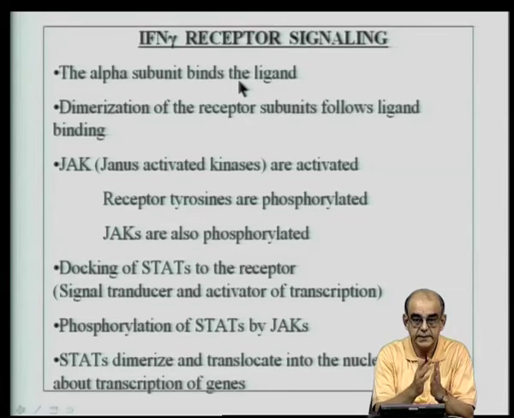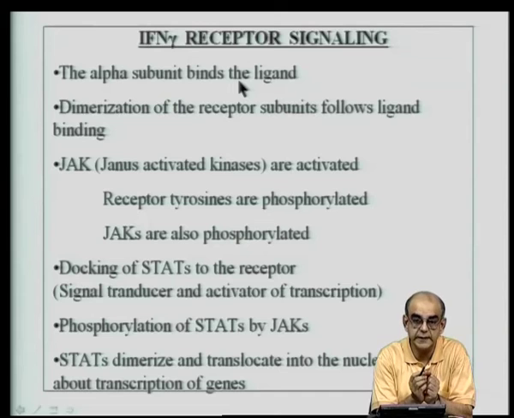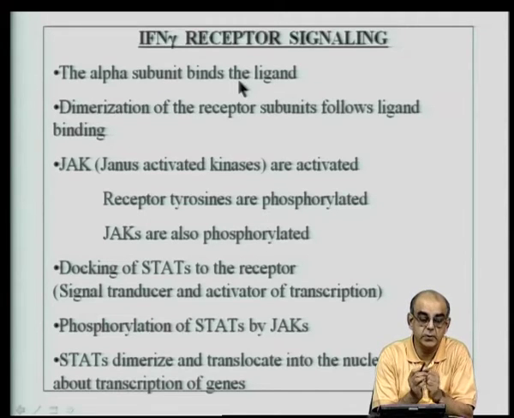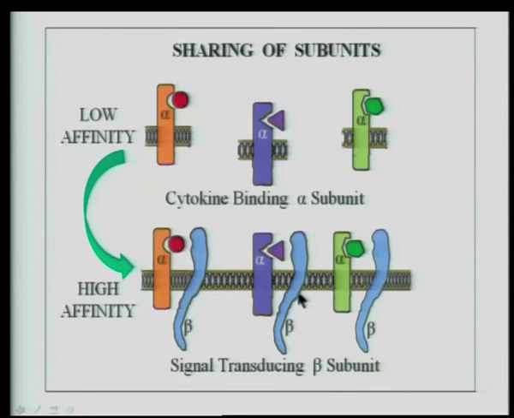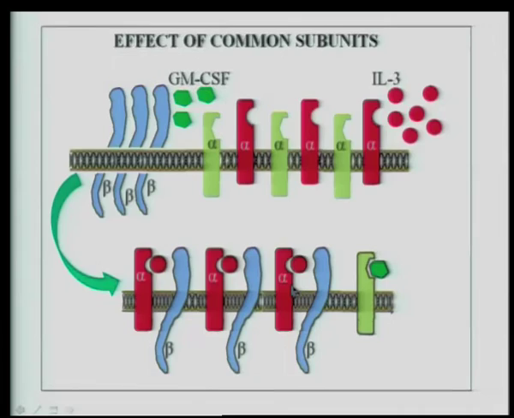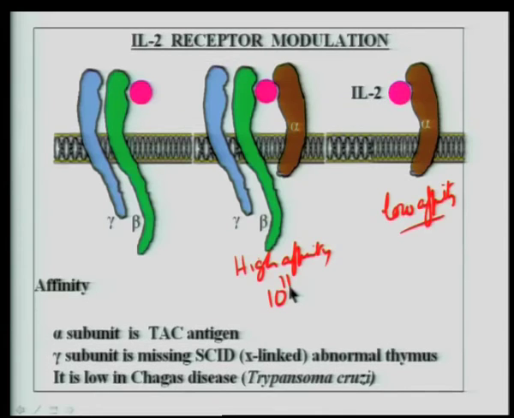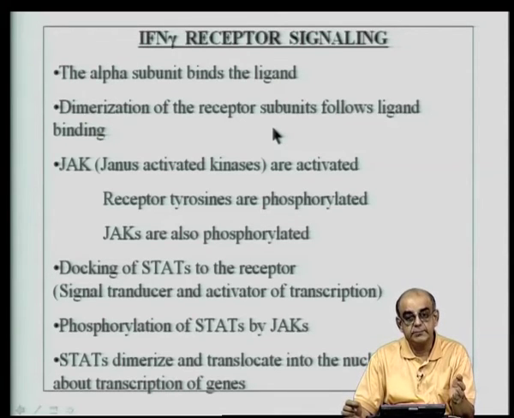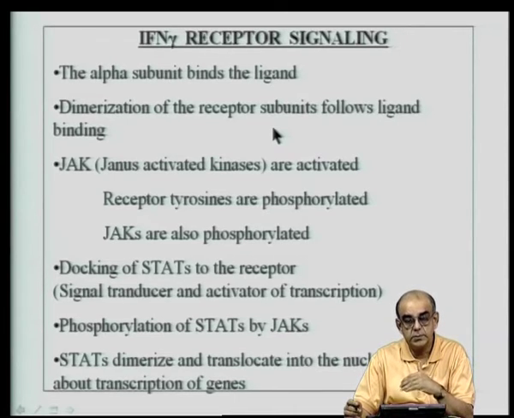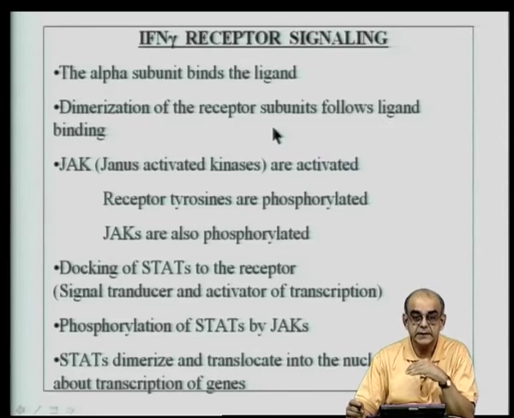So, the alpha and beta subunits come together, and this coming together actually binds the ligand more tightly, which is what we saw in the previous slide, where we looked at how the alpha and beta subunit come together to form the high affinity binding receptor. So, this dimerization of the receptor follows this ligand binding, and this dimerization then leads to downstream consequences beneath the membrane, which are basically phosphorylation events mediated by kinases.